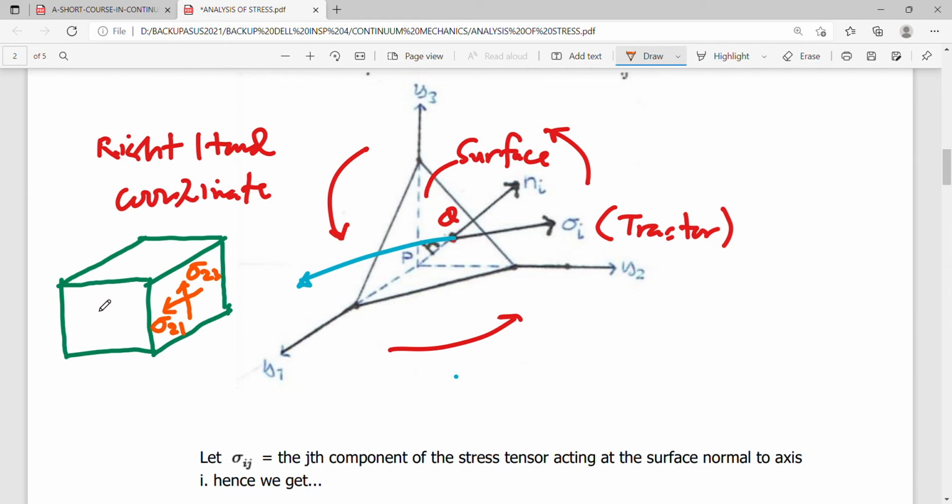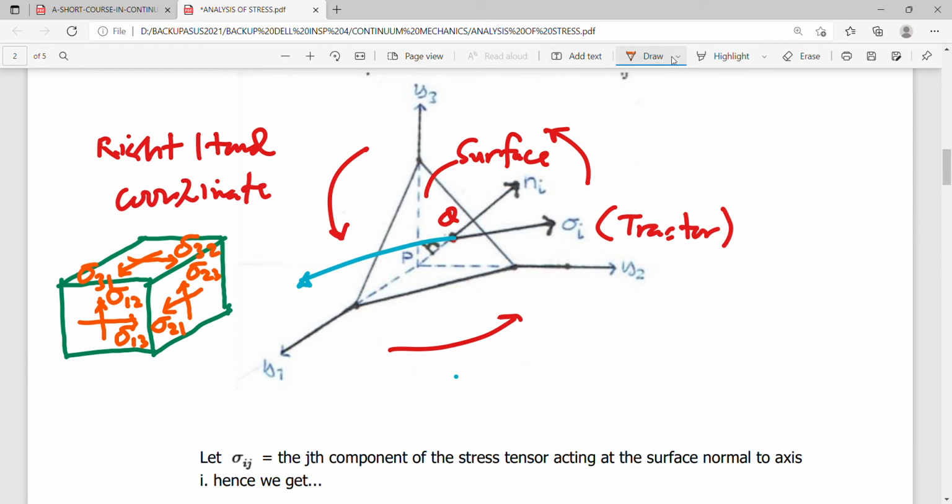While here we have a sigma 1 2, and a sigma 1 3. And here we have a sigma 3 1, and a sigma 3 2.